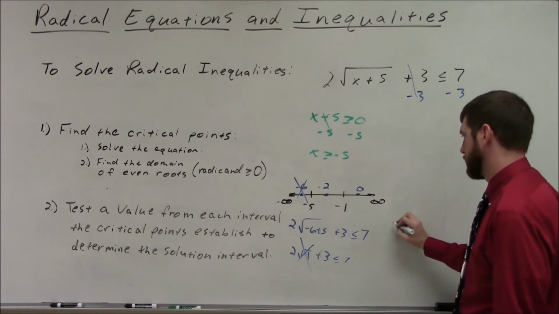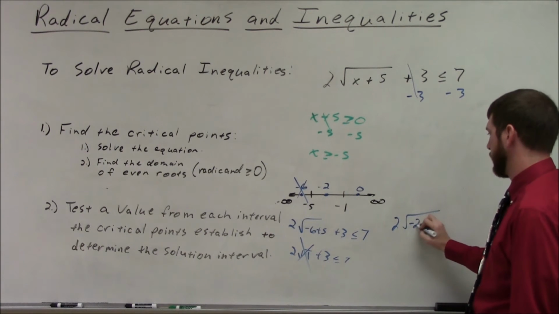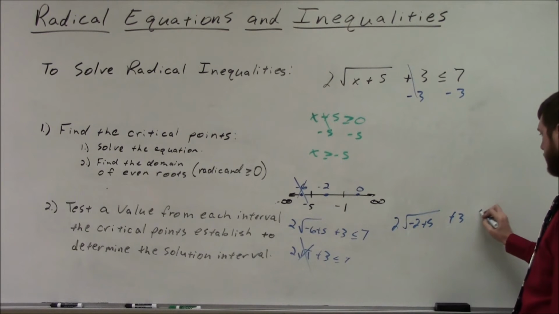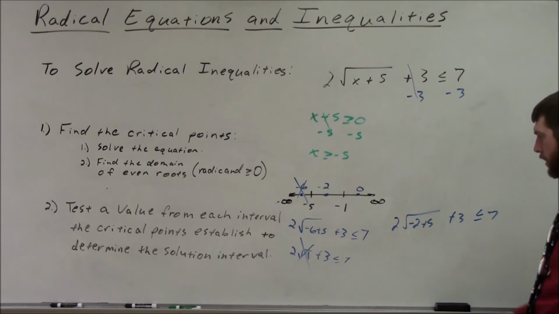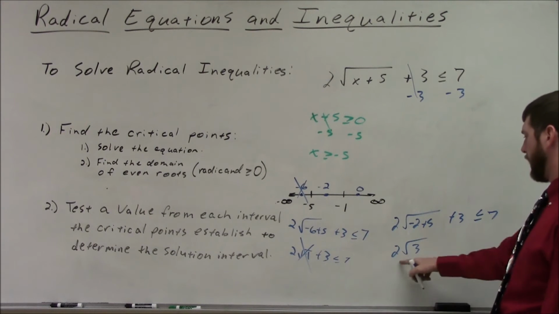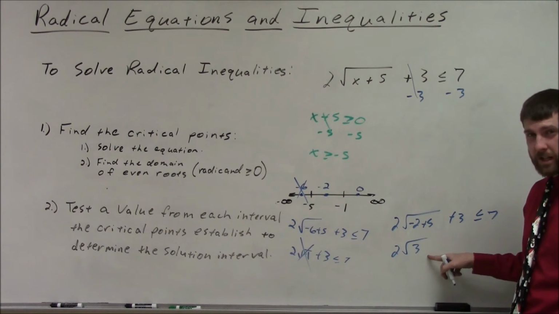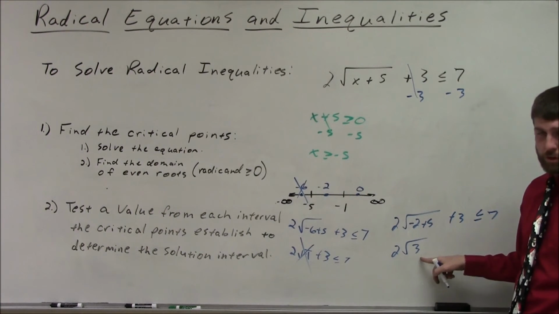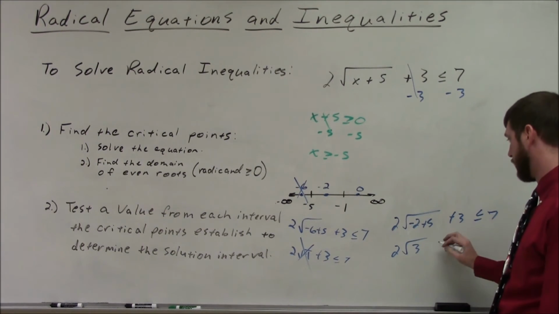So 2 times the square root of -2 plus 5, plus 3. And we want to know, is that less than or equal to 7? So -2 plus 5, that's going to be 3. Square root of 3 is a little bit less than 2. 2 times a little bit less than 2 should give us a little bit less than 4.